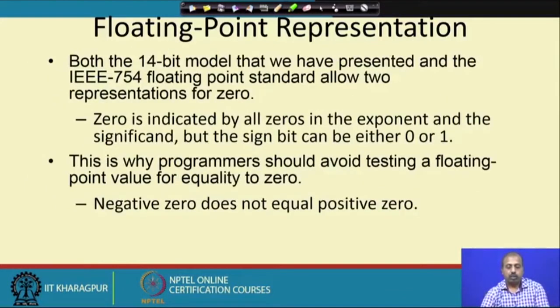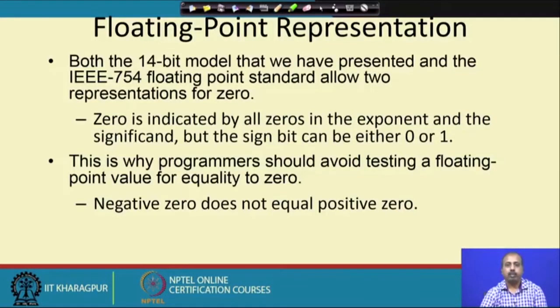Another caution that we discussed in the last class: both in our model as well as in IEEE, there is plus 0 and minus 0, and that representation is possible. So, we should be careful while writing programs and checking whether a variable has become 0 or not, because plus 0 and minus 0 are not the same.